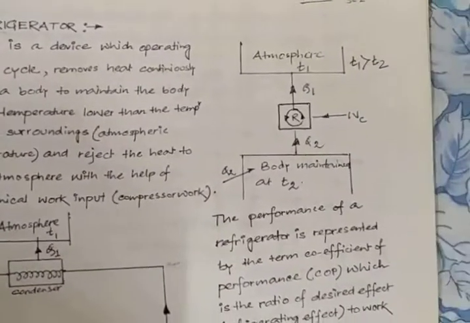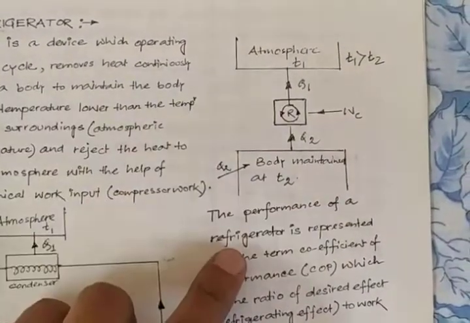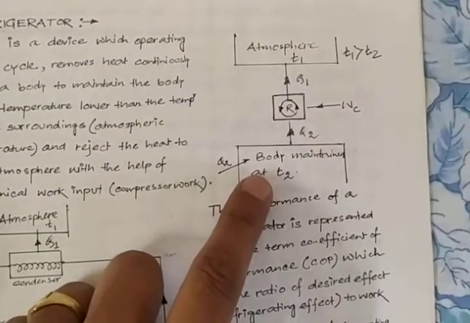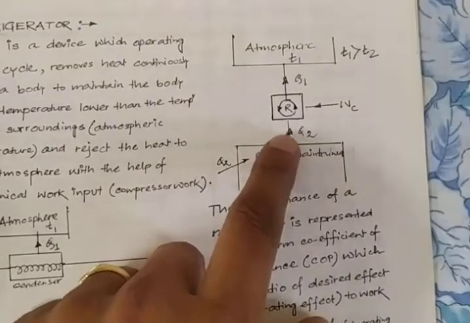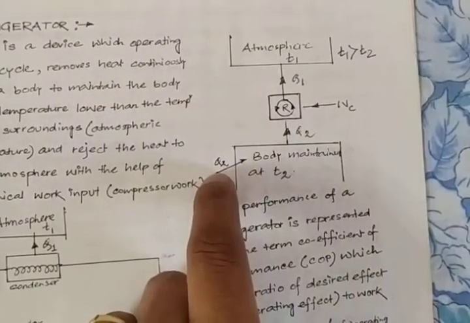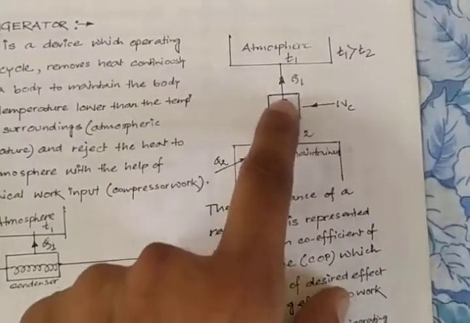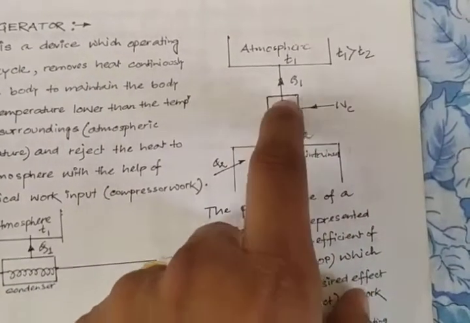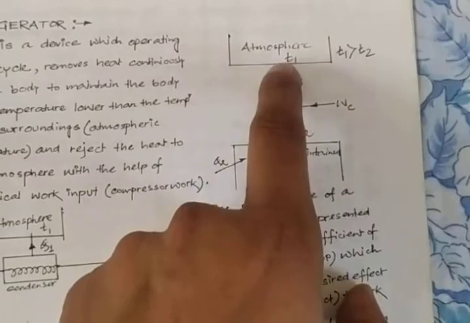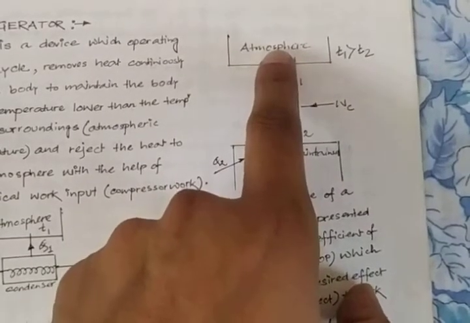So here is the example. A body you have to maintain at a low temperature, and the refrigerator will take the heat coming from the outside by doing some work, that is called compressor work, and give the heat to the higher temperature.